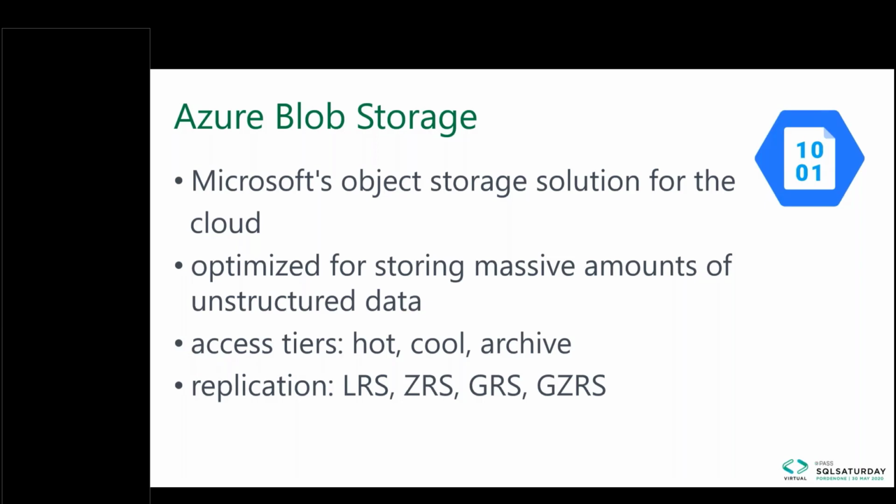Zone redundant storage is when it makes copies of your data within the same zone but in different server farms. So if one physical location gets hit for whatever reason, your data is still safe and replicated elsewhere. The geo redundant is the same, but for multiple regions. And geo-zone redundant storage is when Microsoft replicates your data across regions, but also within regions across different physical locations.